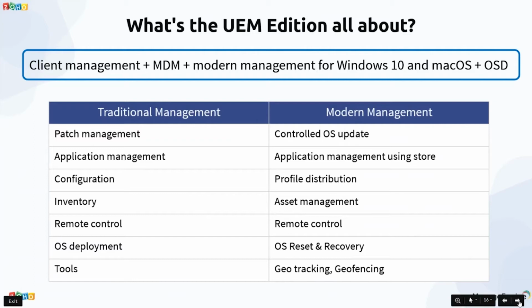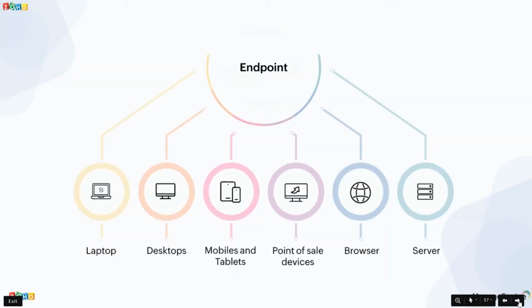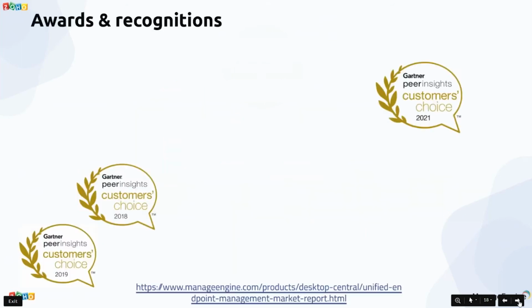Hence, with Desktop Central, you will be able to manage desktops, laptops, mobile phones, tablets, servers, point of sale devices, and even browsers. Remember, guys, browser is also considered as an endpoint because most of the applications are being accessed through browsers now. Now, all this will be from a single console.